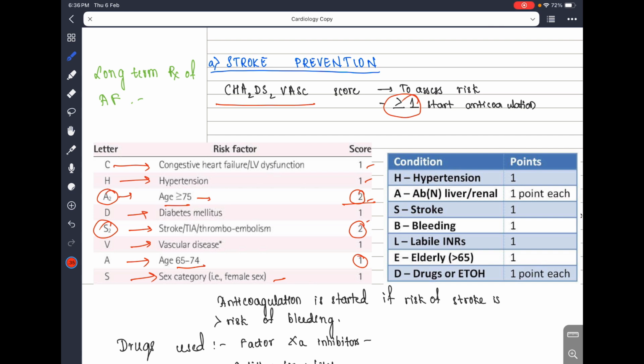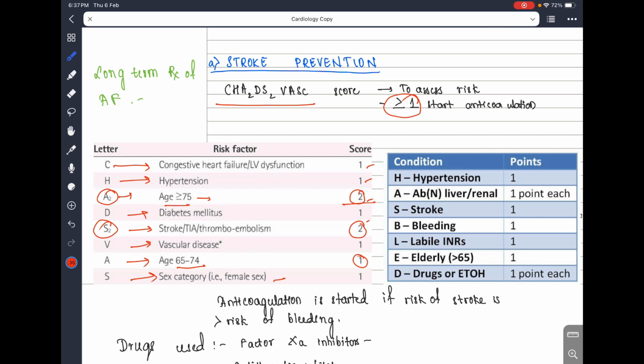When you start a patient on anticoagulation, there are certain patients who might have bleeding, right? You try to control one thing and you end up adding another condition to the patient, which is also very, very risky. So you will also assess the bleeding risk of the patient. If you start the patient on anticoagulant, what is the risk that the patient might have bleeding adverse effects?